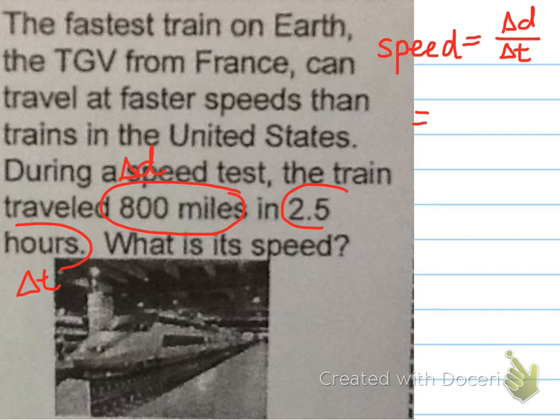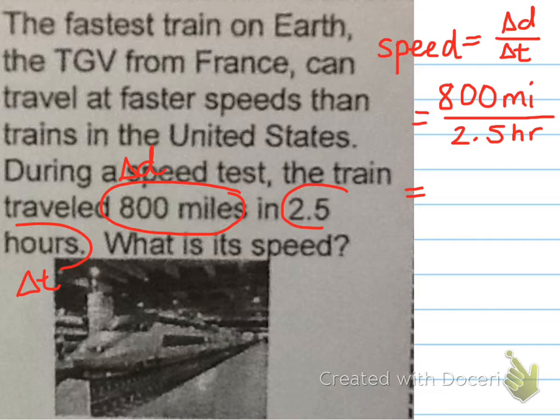So we're going to plug in 800 miles divided by 2.5 hours. On your calculator, you take 800 and divide it by 2.5, and you should get 320 miles per hour.